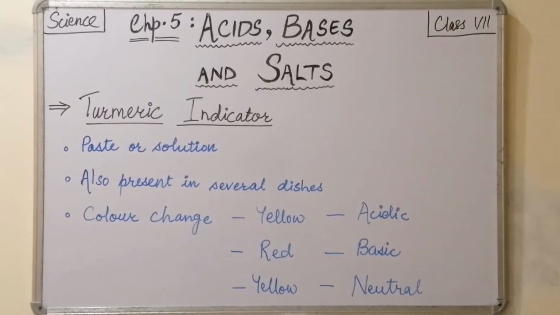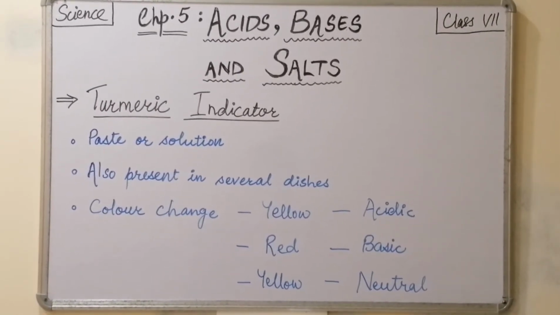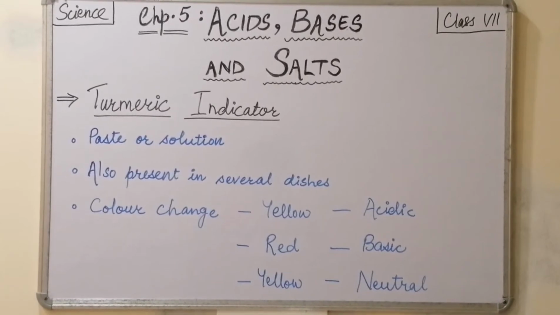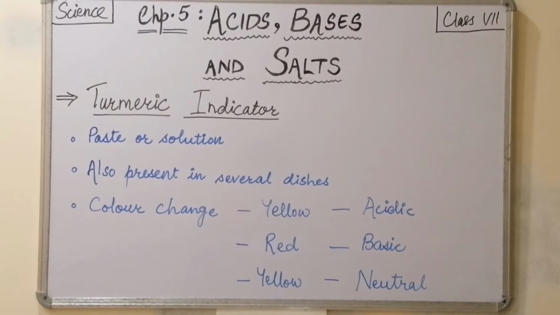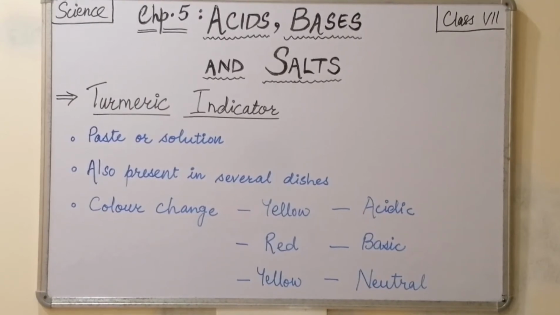This turmeric is associated with the color change as follows. It gives a yellow color in acidic solution or in neutral solution as well, but it gives a red color in the basic solution.